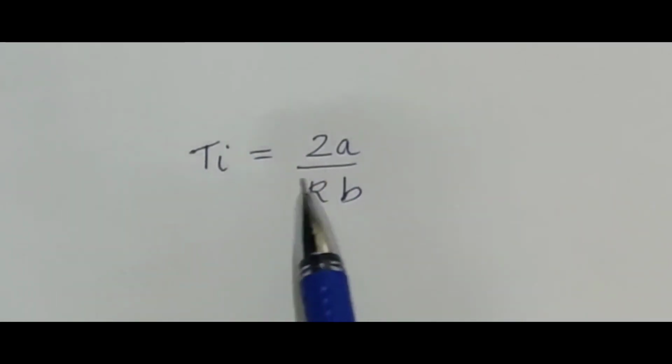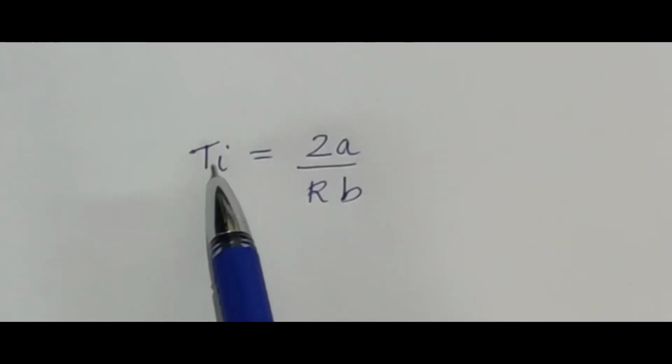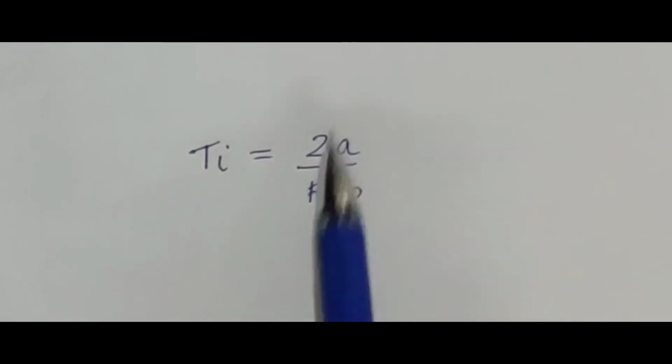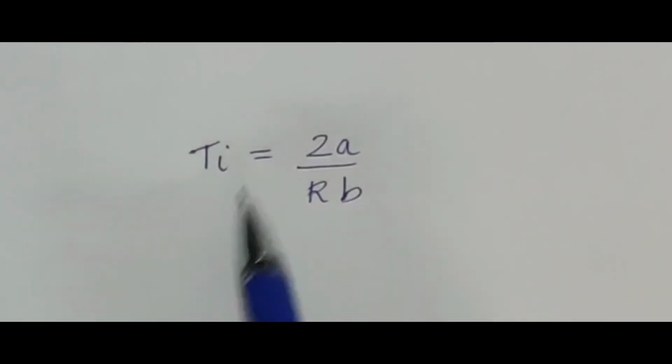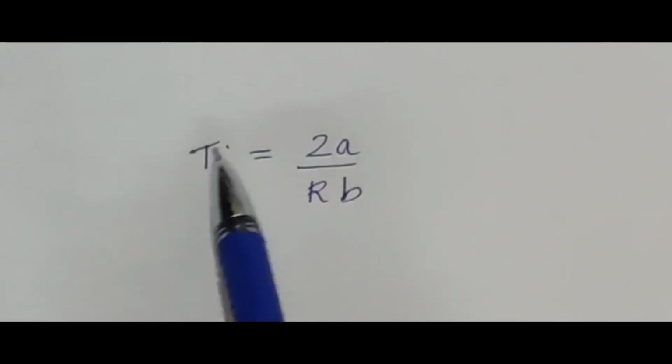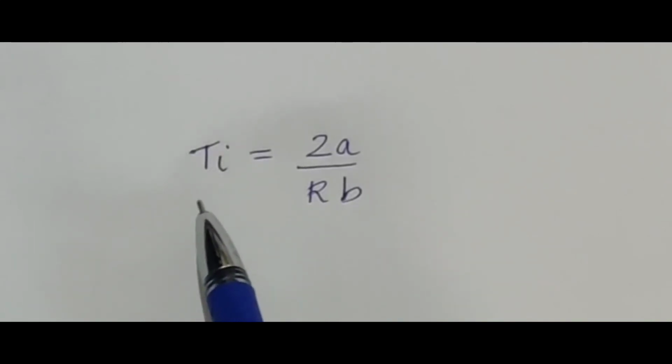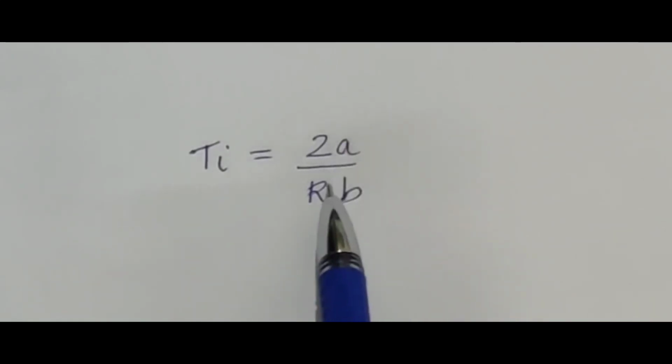This is the equation connecting the inversion temperature and the van der Waals constants A and B. The inversion temperature of a gas can be calculated if its van der Waals constants A and B are known.